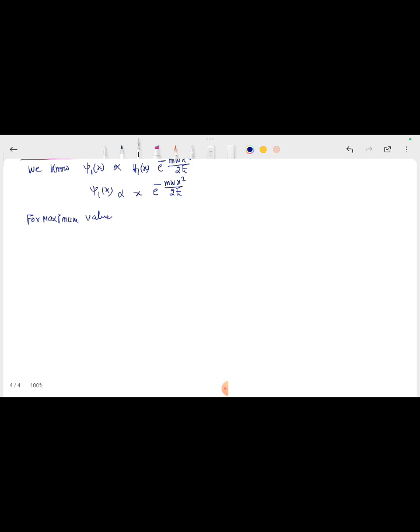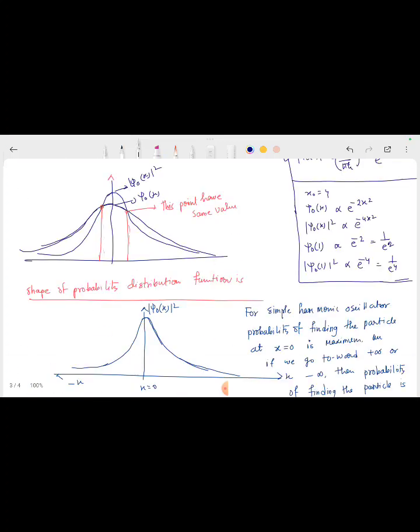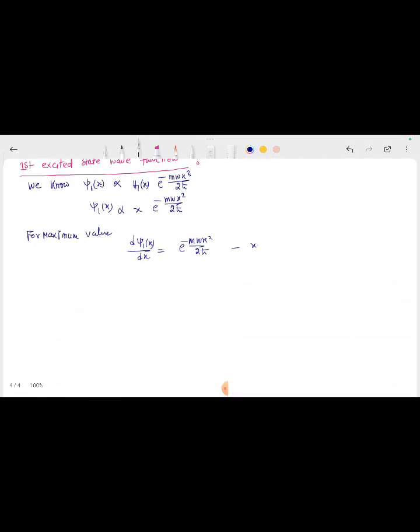So for the maximum value, first calculate the derivative. d psi 1(x) is equal to e to the power minus m omega x square upon 2h cut, minus x into exponential m omega x square upon 2h cut into minus 2m omega x upon 2h cut.